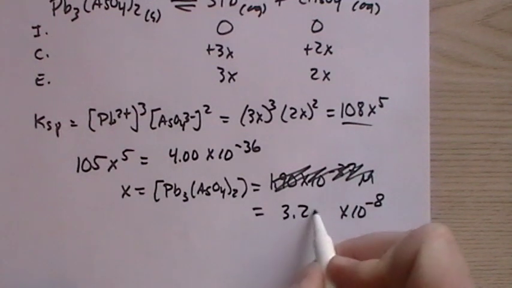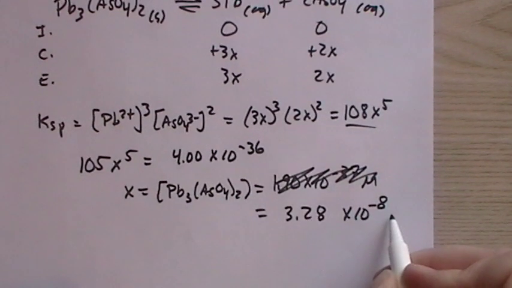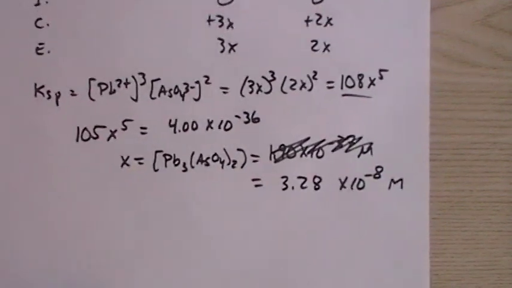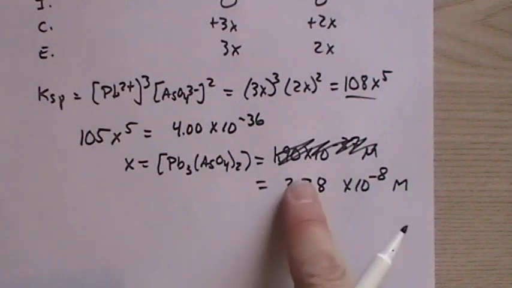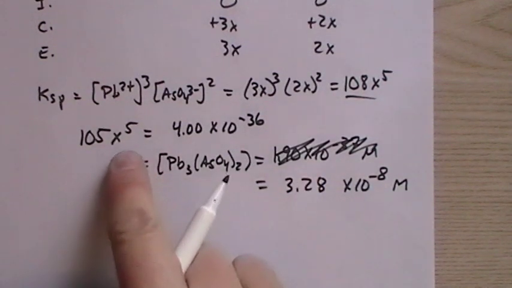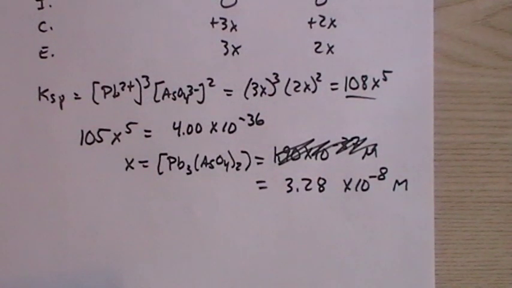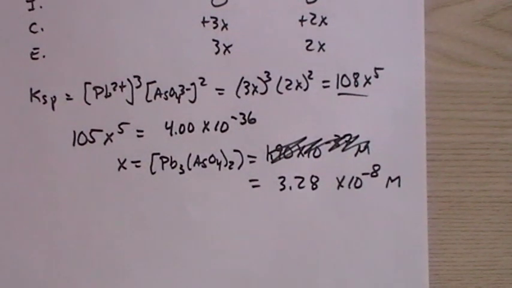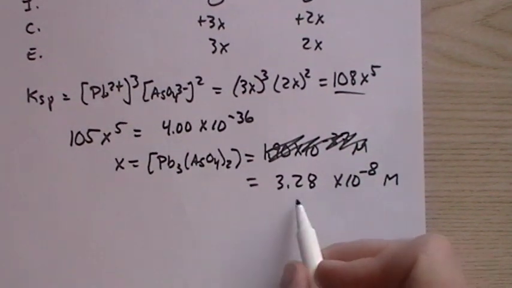So that would be 3.28 times 10 to the minus 8 molar. It seemed way too small, because we'd have to take that number, x, take it to the 5th power, and then multiply it by 108, and that should get us back to this number, which it does, 3.99. Yep. So that is the molar solubility.